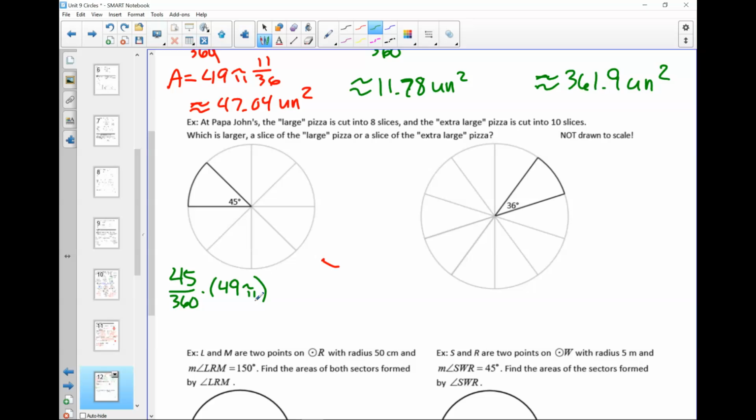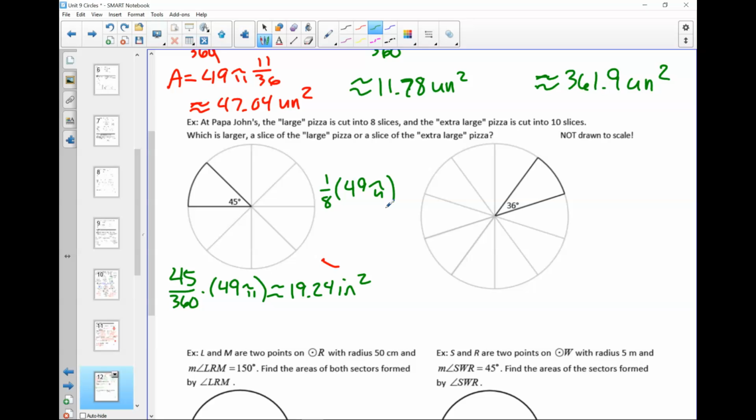Okay, notice that's a lot easier to work with than the decimal answer. After simplifying, we get approximately 19.24 inches squared. You could have also taken this as 1/8 of 49 pi.